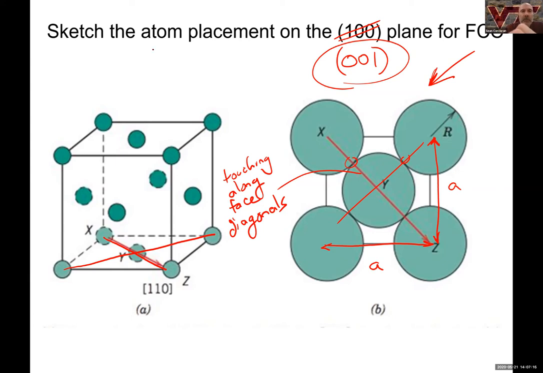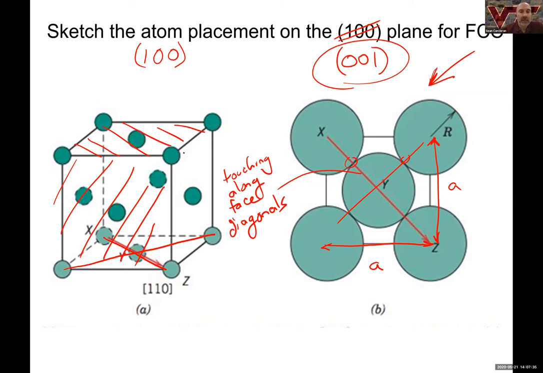One other point: we started this off by saying we were going to sketch the 1, 0, 0. All of the face planes in the cubic system are identical. So it doesn't matter whether we're sketching the 1, 0, 0, which is here, the 0, 0, 1, which is the top, or the 0, 1, 0, which would be this face out here.